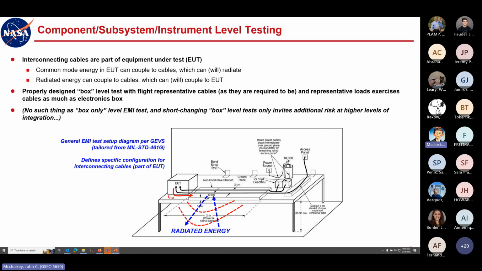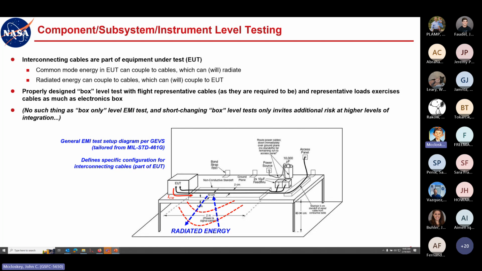The cables are most likely going to be your most significant or most efficient radiating elements, from both an emissions and susceptibility standpoint. They will be the most efficient radiating elements in the frequency range where they are significant fractions of a wavelength. So typically, if you're talking a couple meters of cabling, that's in the range of tens of megahertz to a few hundred megahertz.